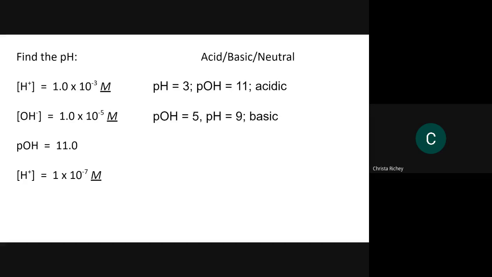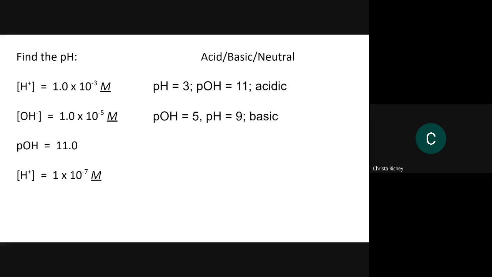So, are we just subtracting? Yeah, the difference is 14. Whether it's a positive whole number like this or it's a negative power, the magic number is 14.